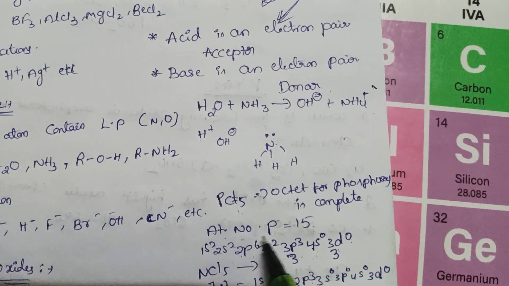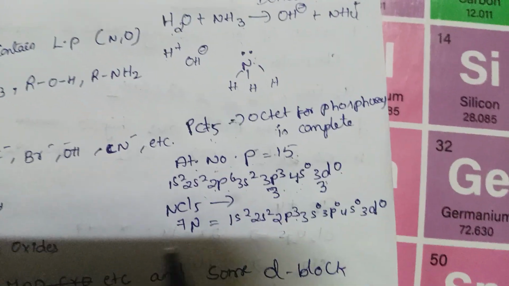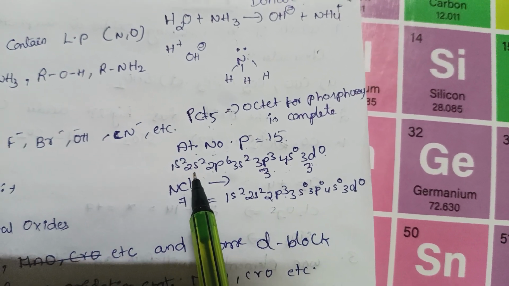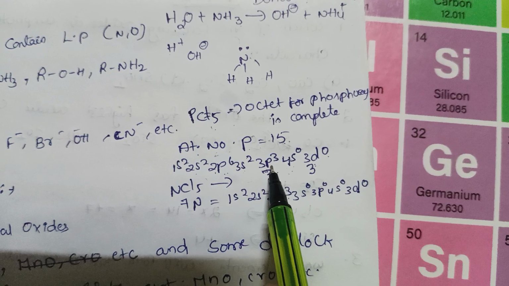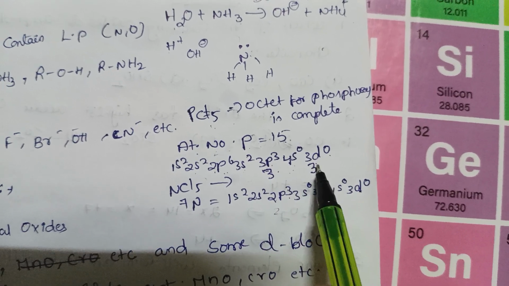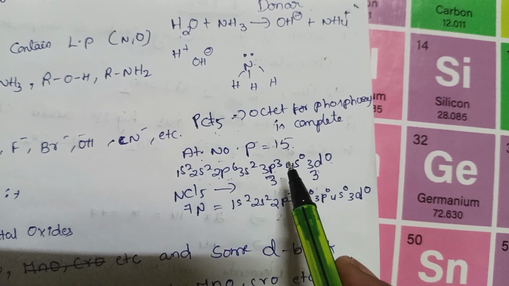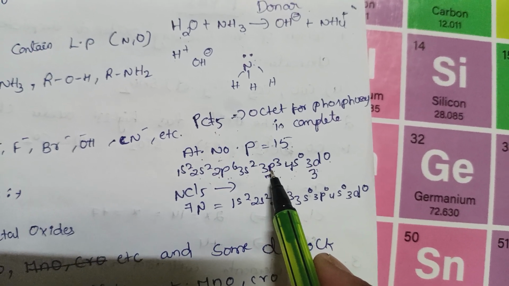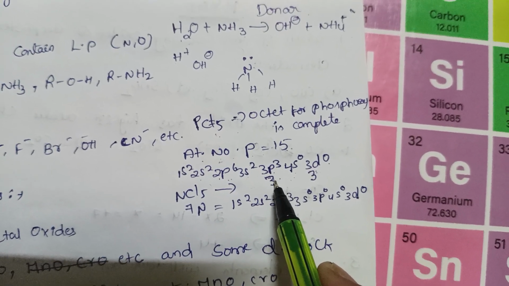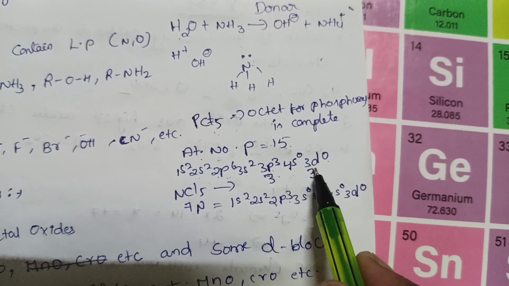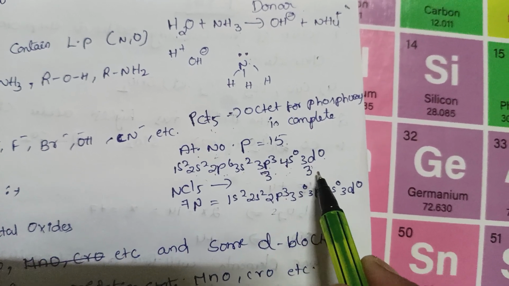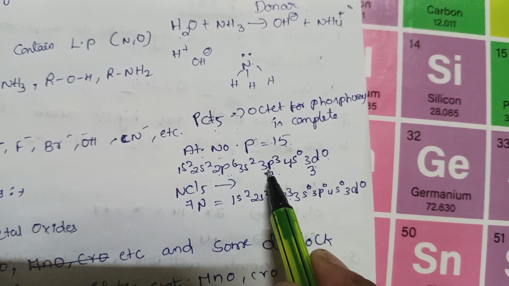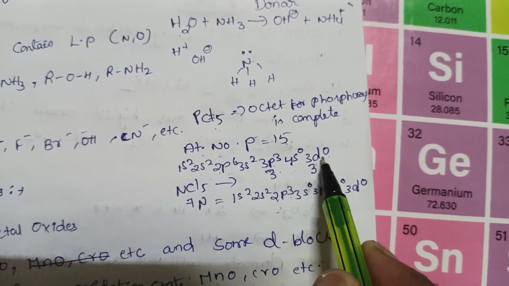The atomic number of phosphorus is 15, and its electronic configuration is 1s2, 2s2, 2p6, 3s2, 3p3, 4s0, 3d0. The rule for a vacant d orbital is that the principal quantum number of the last electron should equal the principal quantum number of the next d orbital.